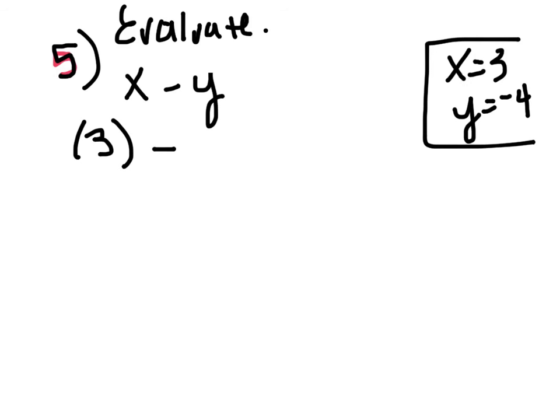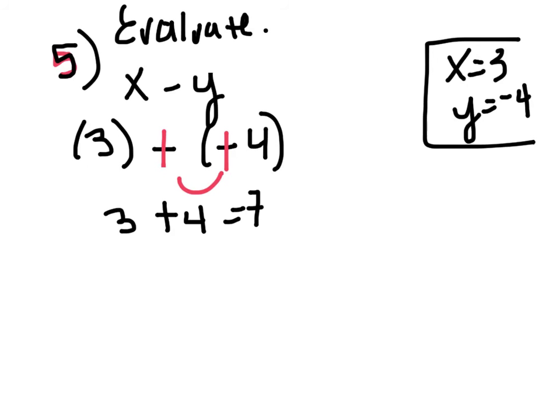And so we're going to say minus, parentheses, minus 4. So we already know that this minus will be changed to positive. And now we have an addition, 3 plus 4, 7. So just remember, negative and negative will change to positive.